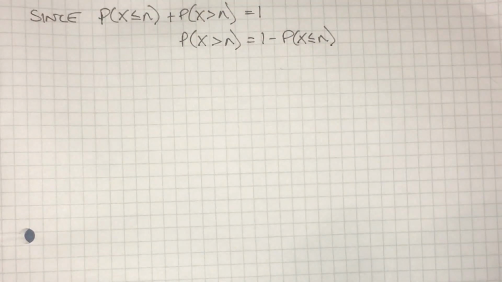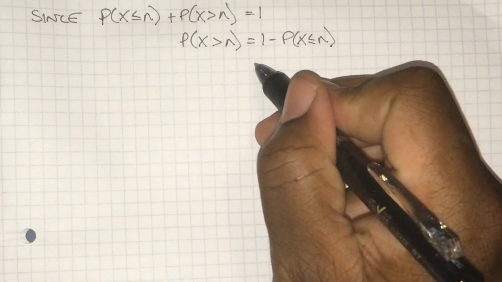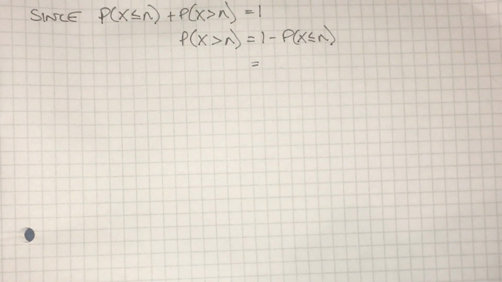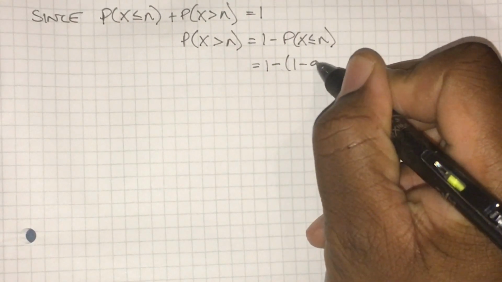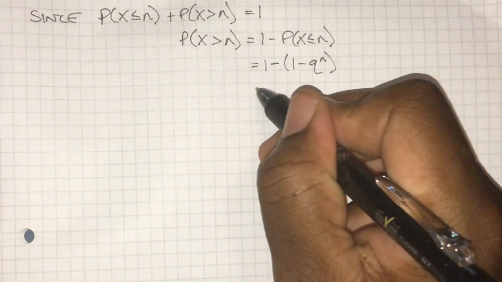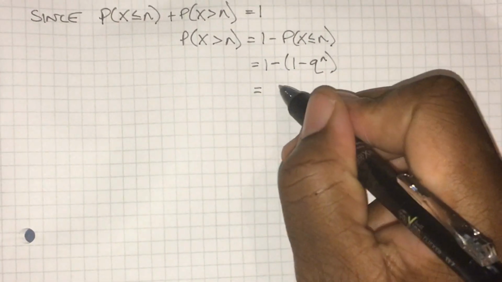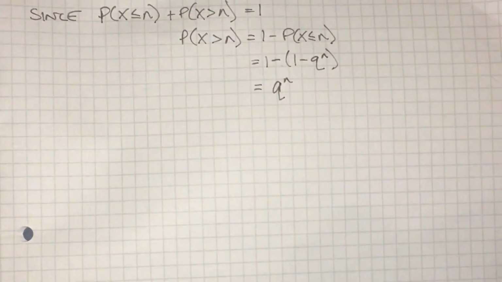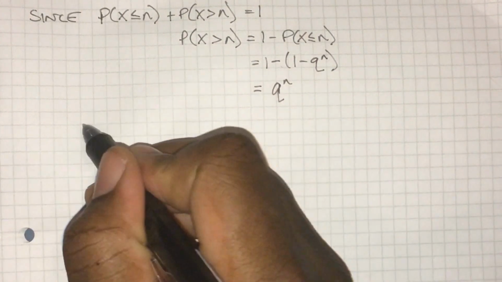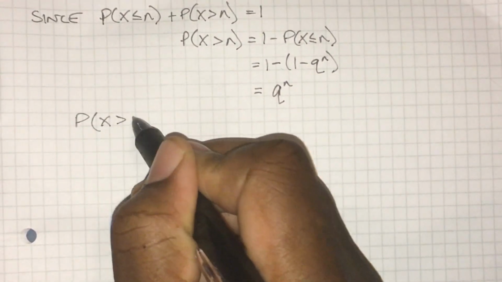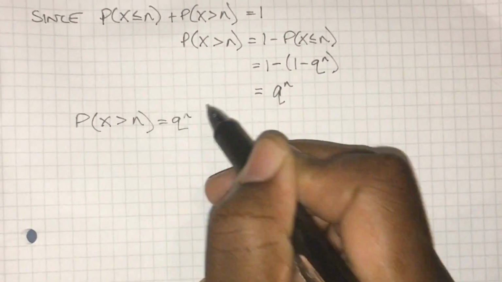We've just got an expression for the probability that X is less than or equal to n, so we'll substitute that in. I get 1 - (1 - q^n), and by expanding the brackets to simplify, we just get q^n. So the probability that X is greater than n equals q^n.